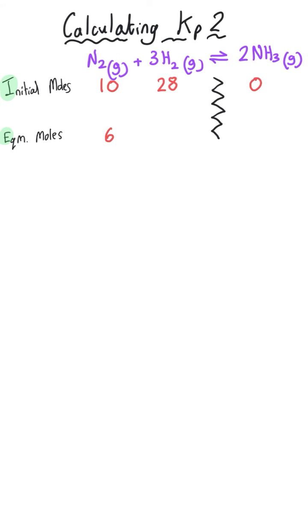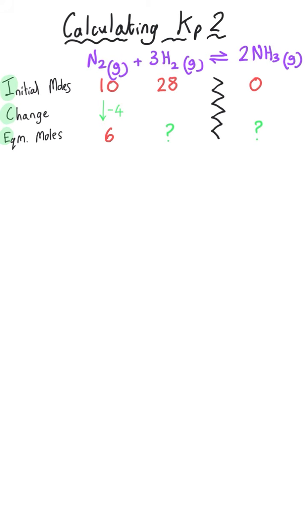So then what we need to do is work out what the change in the moles of nitrogen has been. So you can see down the side I've got the abbreviation ICE, and that's quite a helpful memory aid. So the change is from 10 to 6, so that's obviously -4. You'd expect the left-hand side to go down because those are the reactants. So the nitrogen has gone down by 4.